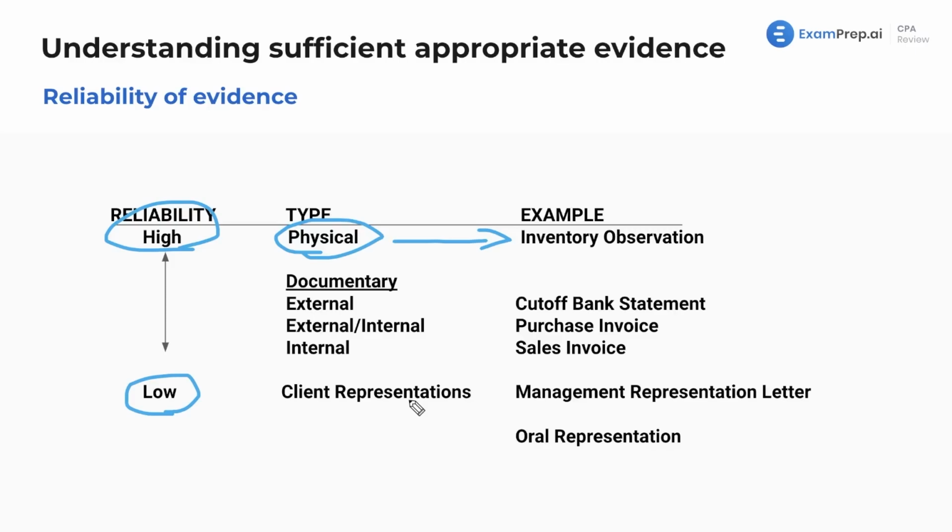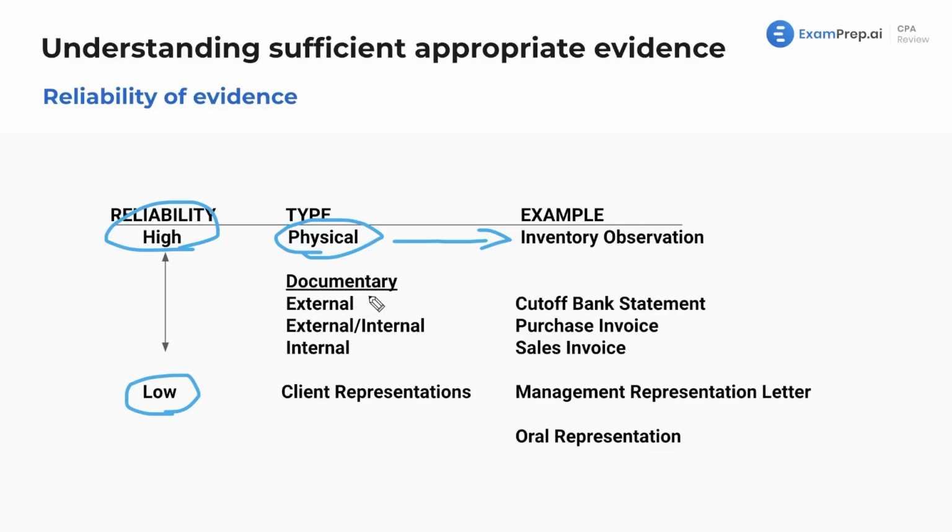Unfortunately, some people do. But because some people do lie, it's not going to be that reliable. And examples of this would be the management representation letter. Less impactful will be oral representation, someone saying something, because this is a formal, recognized document which management knows holds some severity. Whereas if someone just says something in passing, that's going to hold less legal weight.